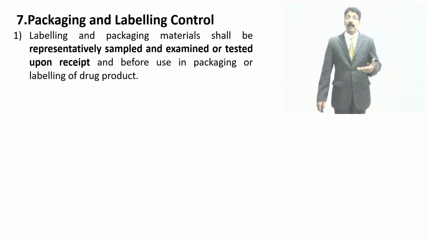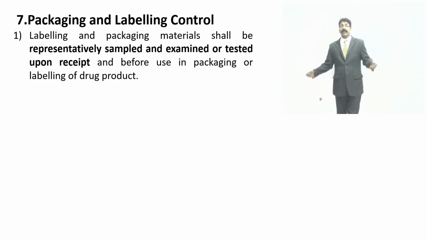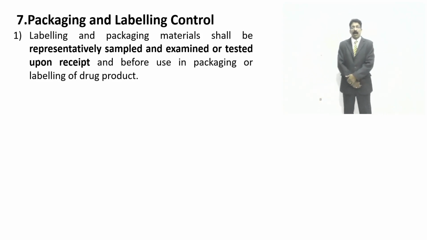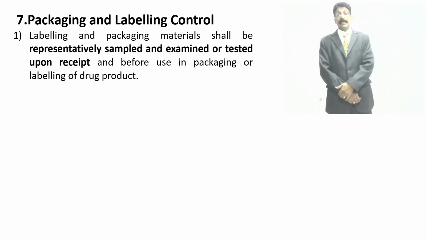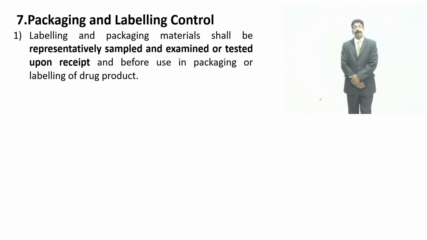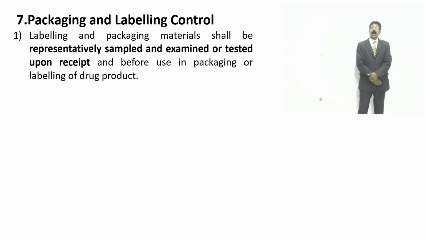Now the seventh part of the good manufacturing practice is packing and labeling control. Labels are also approved by the FDA, as we have seen in the last class regarding the application for new drug development and new drug approval, NDA or new drug application.